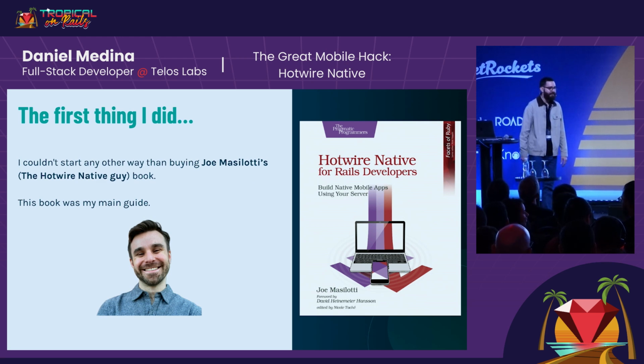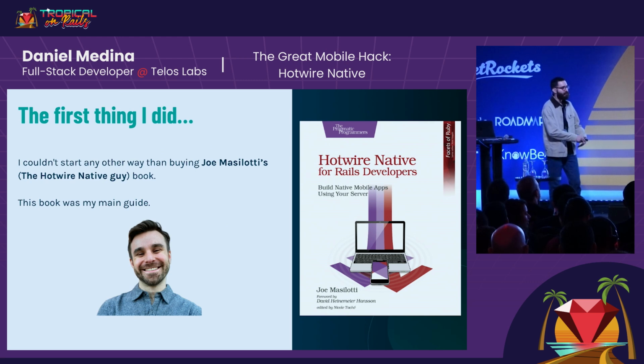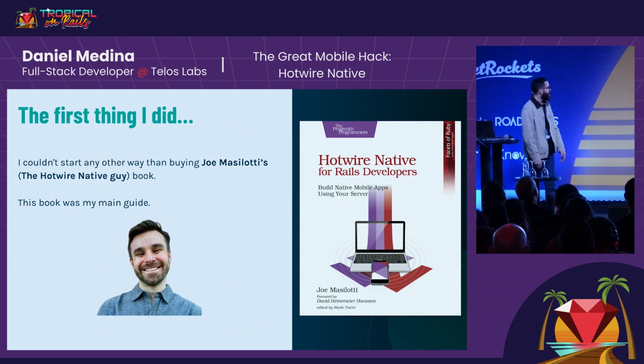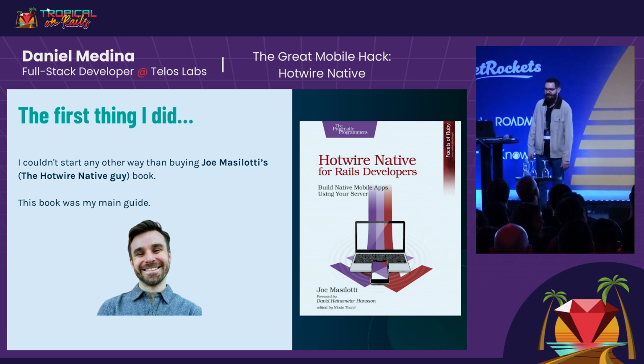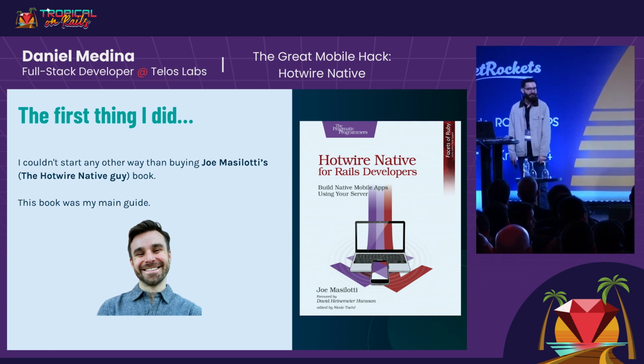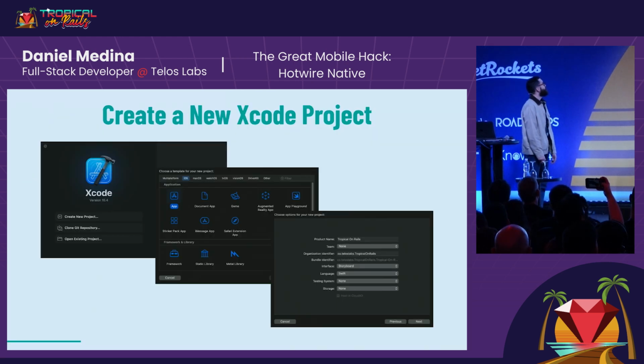I also want to point out that this was my main guide for doing this transformation. If you are into this, I recommend you buy the book. It's currently in beta, but it's coming up with new stuff every day.